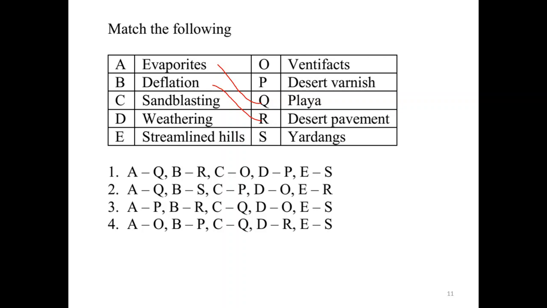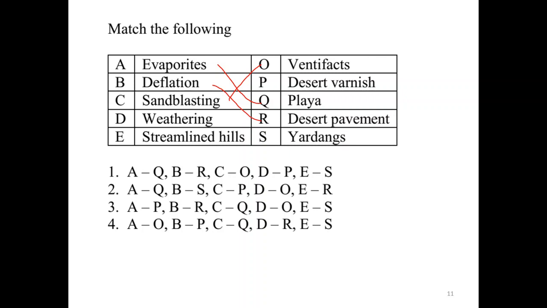Sandblasting: you might have seen some videos on YouTube where people clean some portions of any material by using a sand gun. When they blast coarser sand particles at very high speed, they polish the surface they hit. So sandblasting leads to the formation of ventifacts in the deserts.